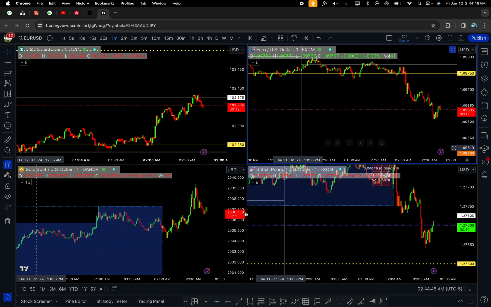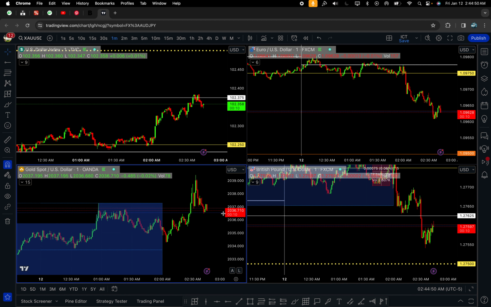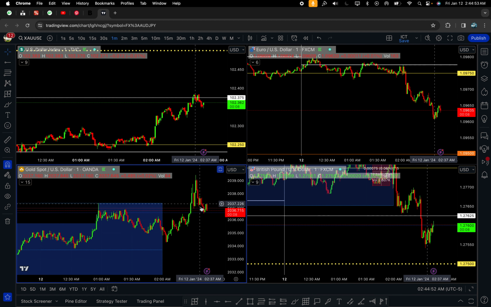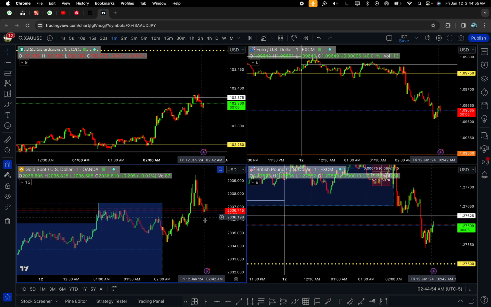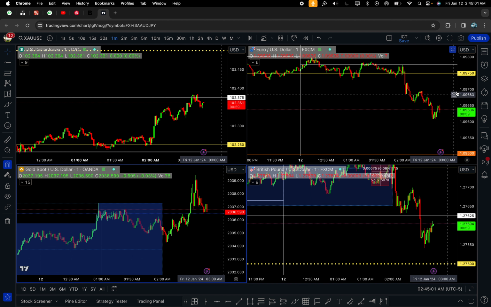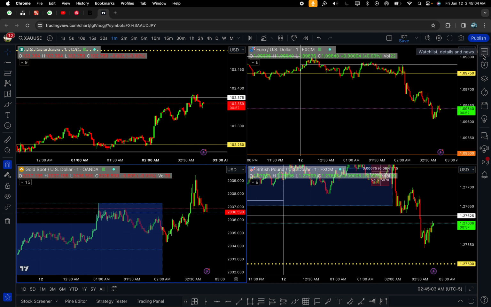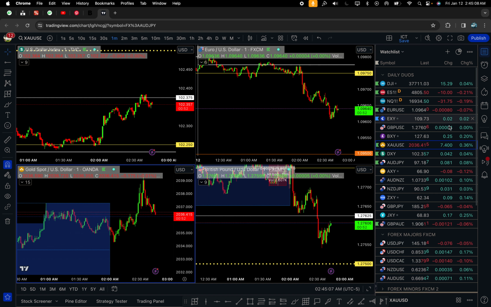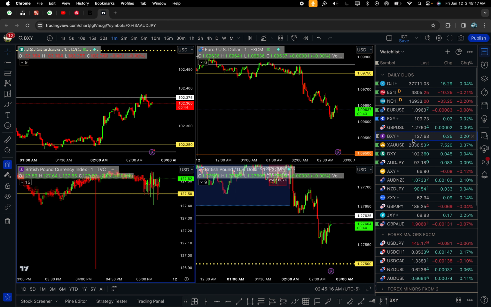So you can look for all these to be doing basically the same thing, except for gold. I don't know what gold's doing. Gold is doing its own thing. I probably shouldn't even have it up here. I should probably have something else. Well, I was gonna have this, but it wasn't moving earlier.